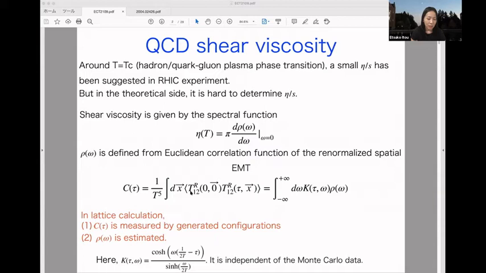So in lattice QCD calculation, we first measure this quantity using the generated configurations, and we obtain the C(tau), and we estimate the spectral function using the second equation. Here, the integration kernel K is given by the hyperbolic cosine function in finite temperature QCD. And this kernel is independent of Monte Carlo data. It is important in the sparse modeling analysis.